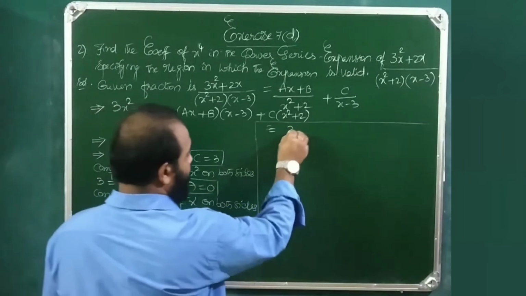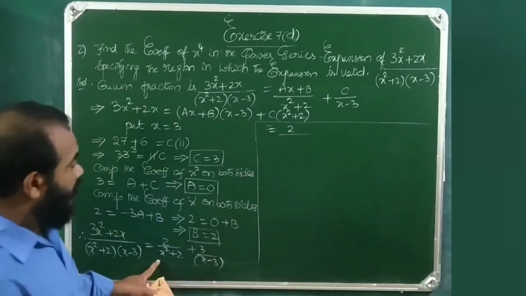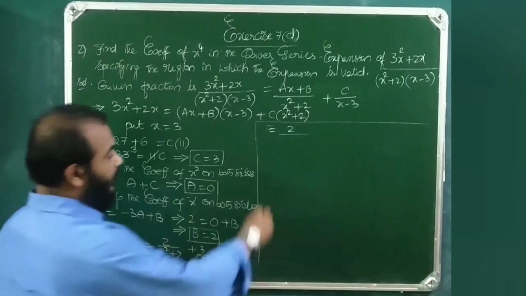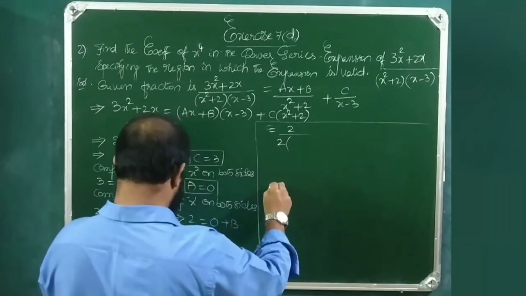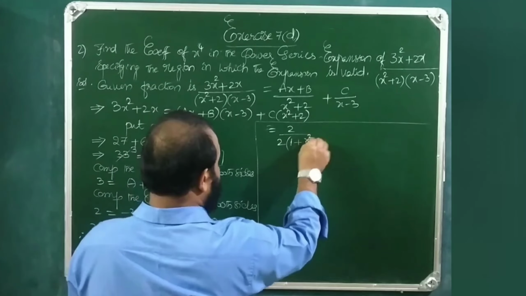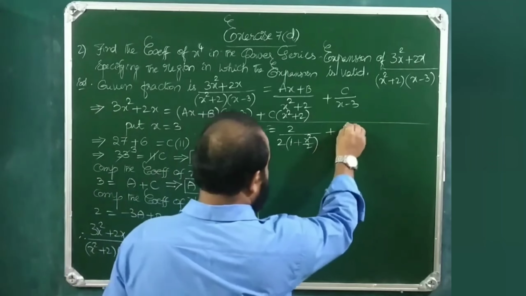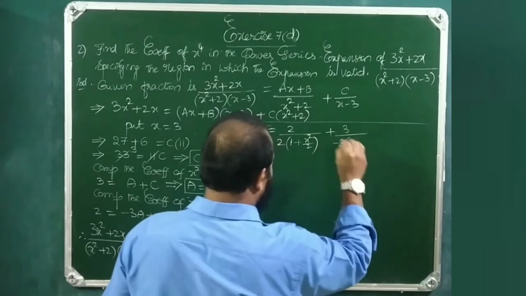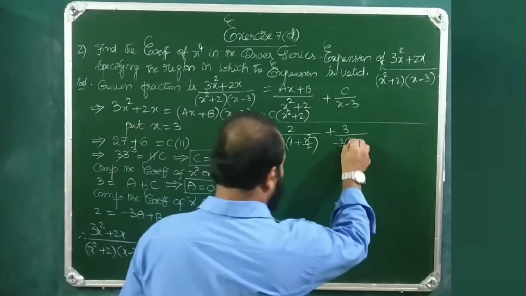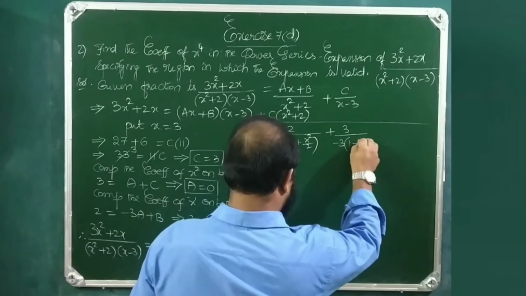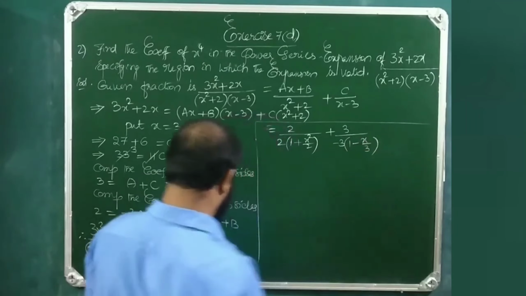2 by x square plus 2. Take 2 in common. This is 1 plus x square by 2, plus 3 by, take minus 3 in common, then we'll get 1 minus x by 3.